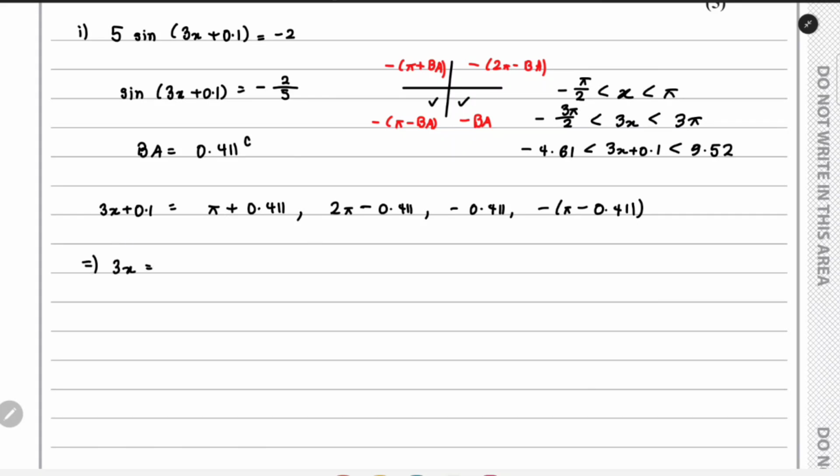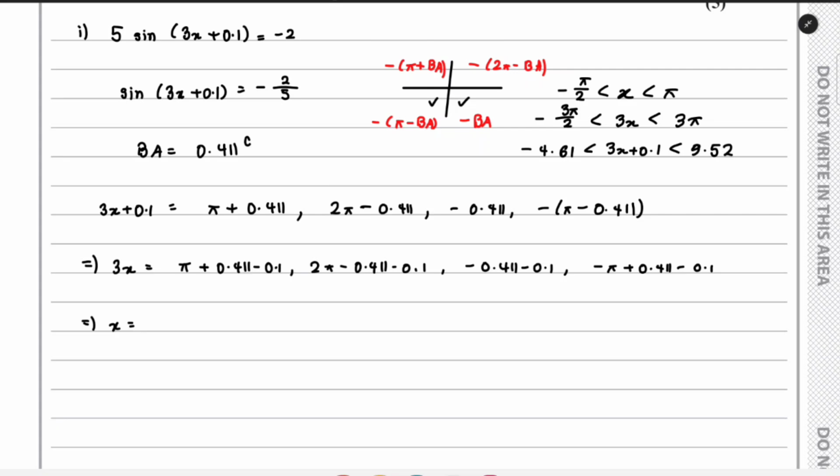So 3x will be pi plus 0.411 minus 0.1, 2 pi minus 0.411 minus 0.1, minus 0.411 minus 0.1, and minus pi plus 0.411 minus 0.1, and x will be that divided by 3.